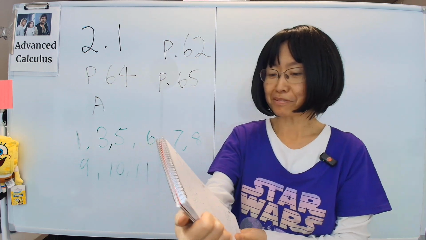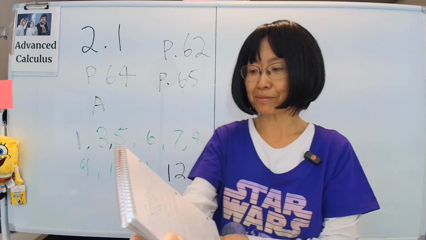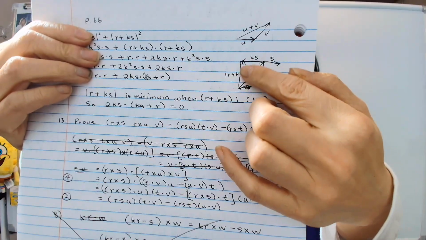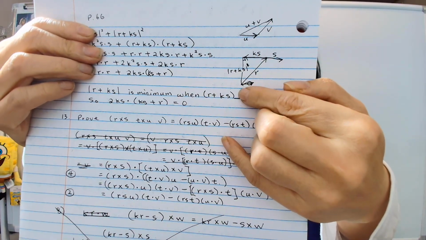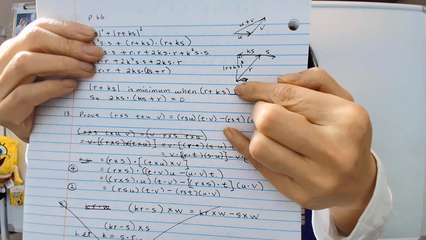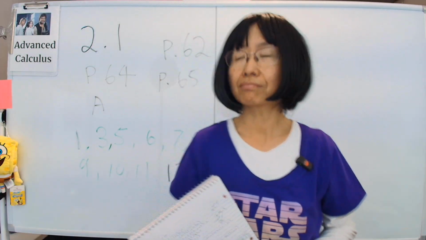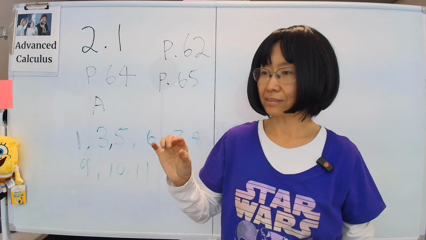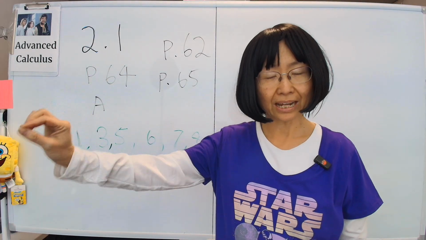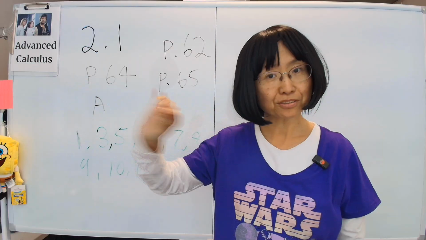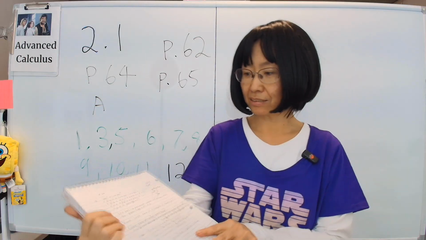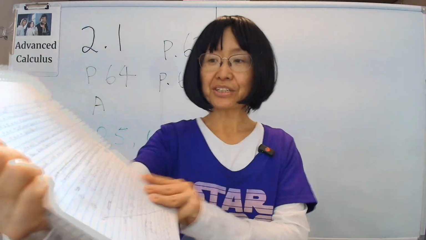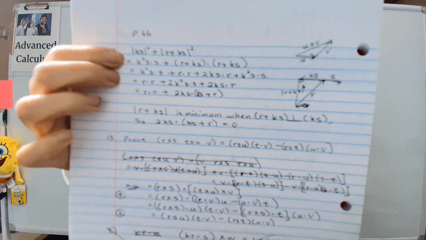I don't remember where we did that, but that is why it's minimum when it's perpendicular. We adjust Ks such that this distance is the closest, which is when it's perpendicular. I think in geometry it says the closest distance from a point to a line is the perpendicular distance to that line. That's done in junior high somewhere. Anyway, that's where I got that minimum business.